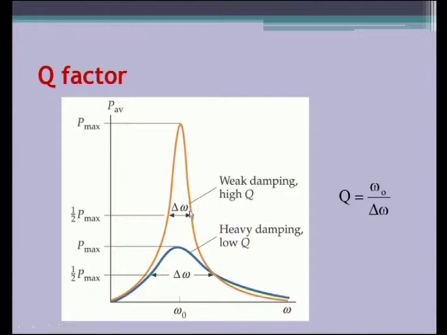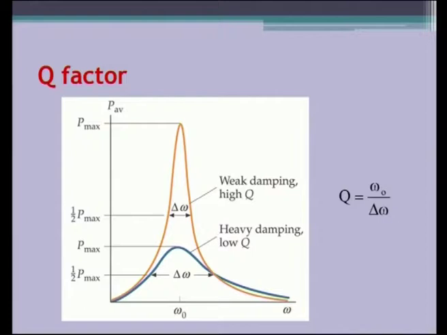In the case of very weak damping, the Q value is high because the denominator is very small, and we take this as the half power width. Why half power are we taking? It is done as a standard practice. We want at least half of the power to exist when we want the bandwidth to be calculated. So, that is taken into account.